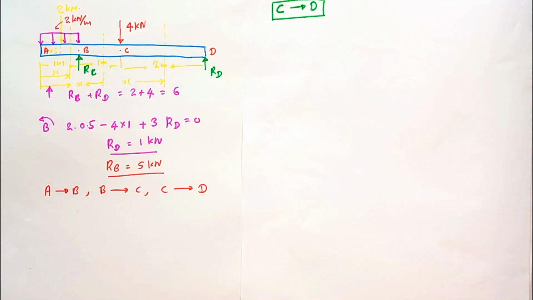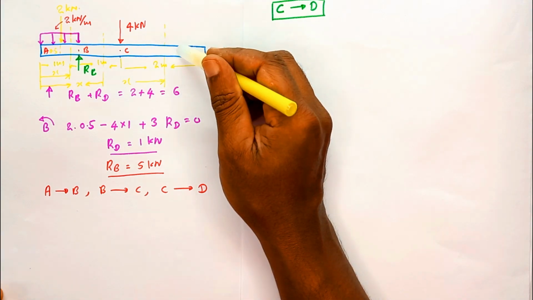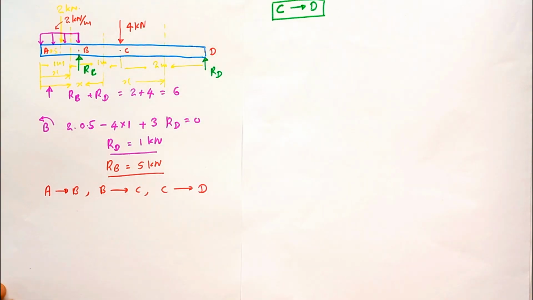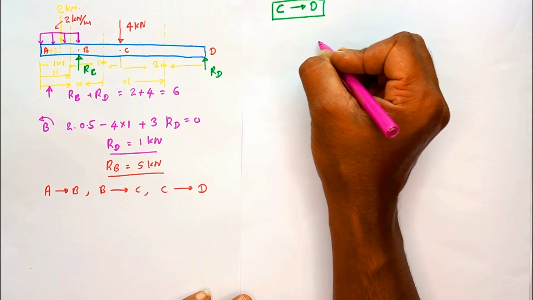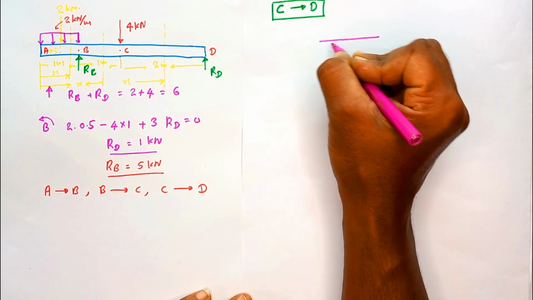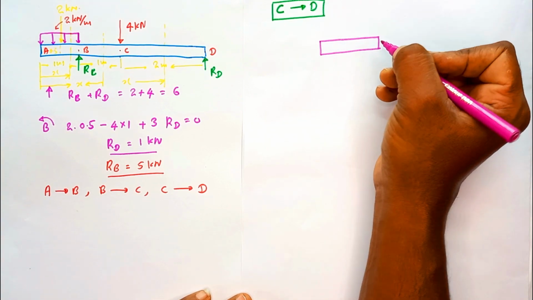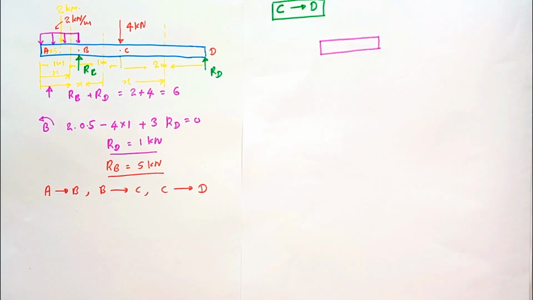Then I am going to consider the right hand side part, since obtaining the equation from the right hand side part is easy in this case. Here this is the considered beam part. Then what are the forces acting on it?